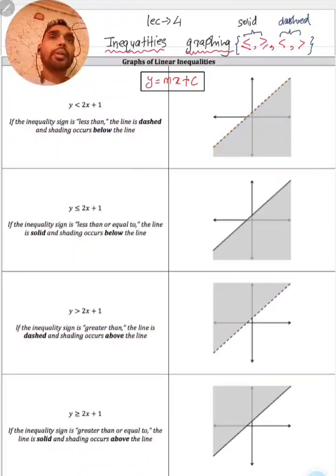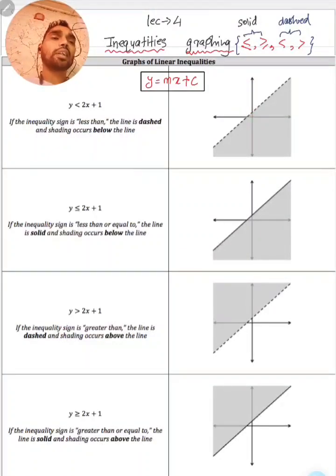Since here it is y less than, first of all we need to locate y. The location of y is over here. This is a boundary point, where the line intersects the y-axis, also called the y-intercept.